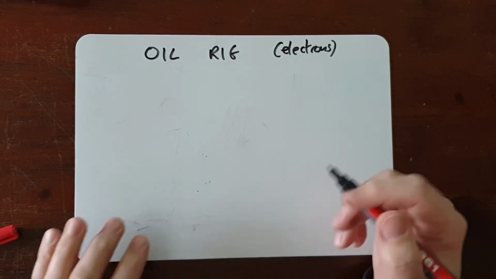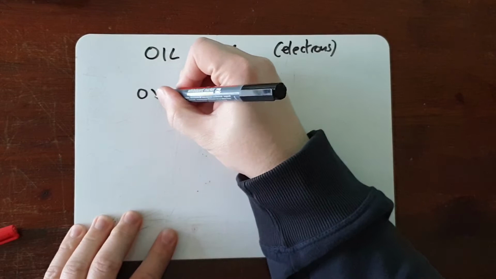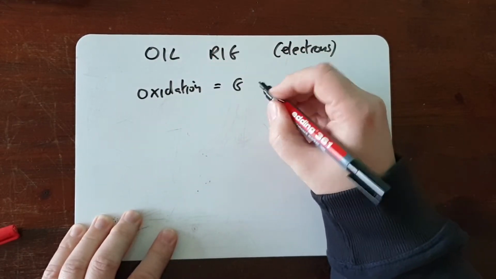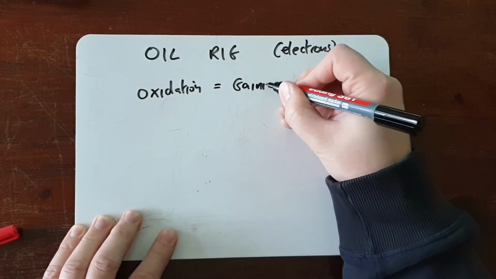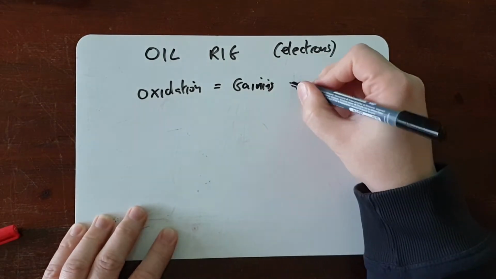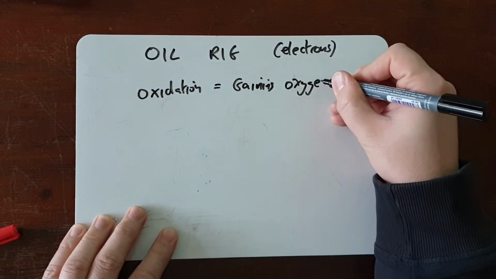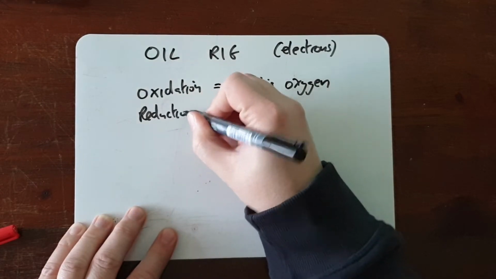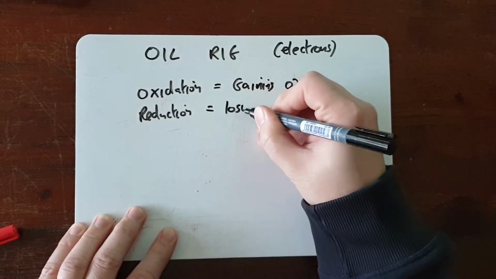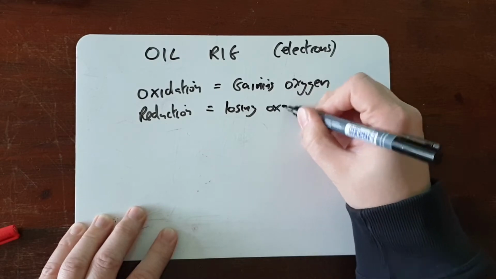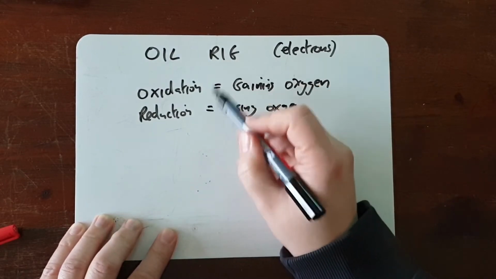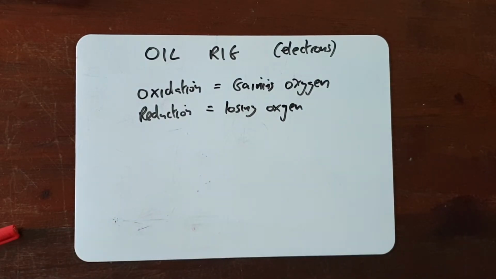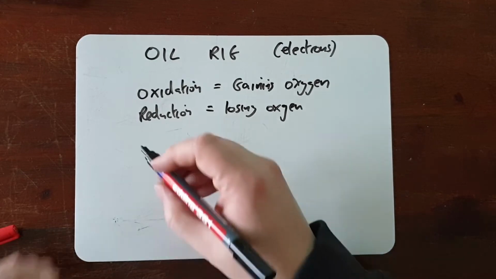There is a simpler way of thinking about this, which is that oxidation equals gaining oxygen, and reduction equals losing oxygen. And that doesn't go against OIL RIG. So OIL RIG is just talking about electrons. But if something's oxidized, it's gained oxygen. So let's talk about this and explain this a bit more.